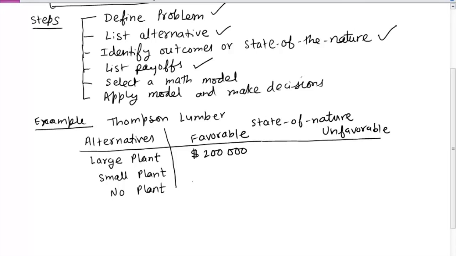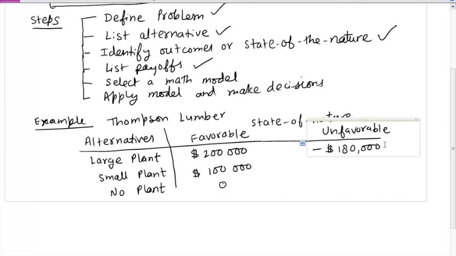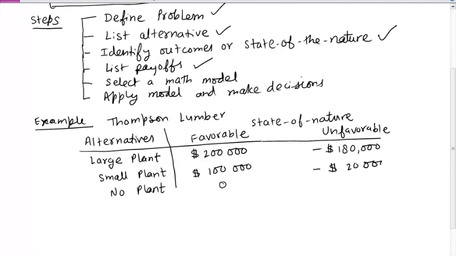If they go for a small plant and if the situation is favorable, similarly, if the state of nature is unfavorable and they go for a large plant, they make a loss of 180,000, because whatever investments they make in the large plant and they make those products, if they do not sell, they will have a big loss. With small plant, there will be a loss, but it will be smaller. And if there is no plant, obviously there is no loss.